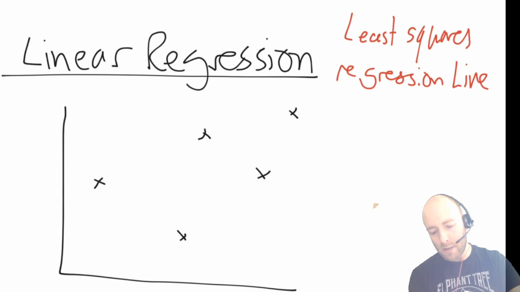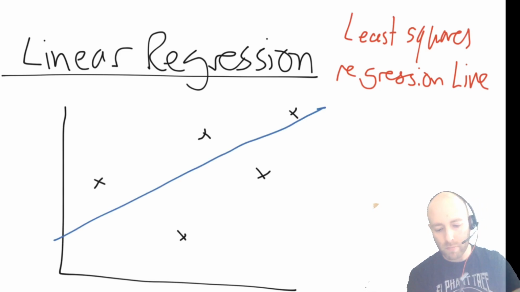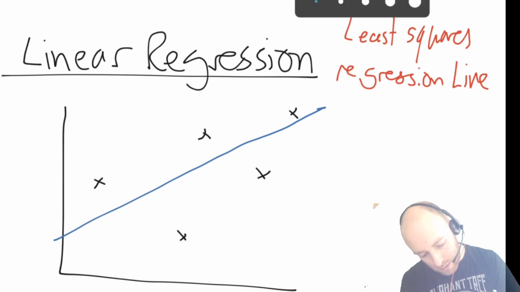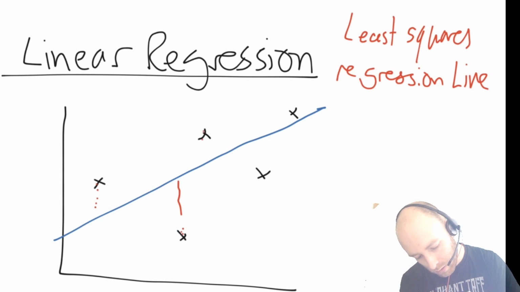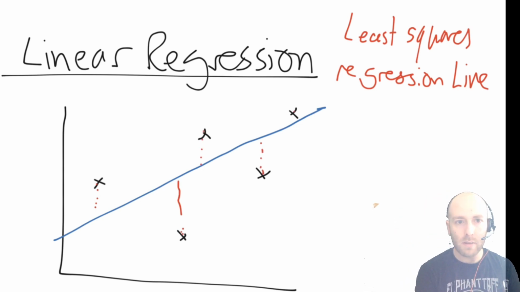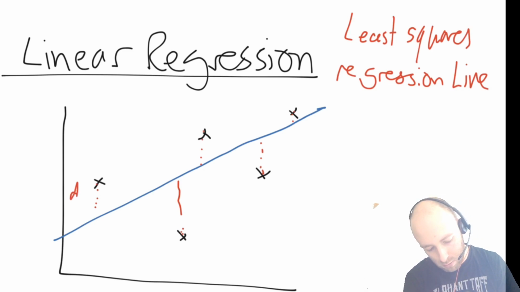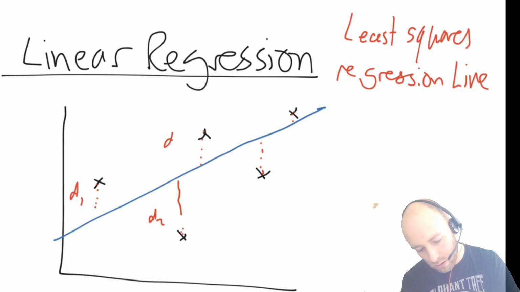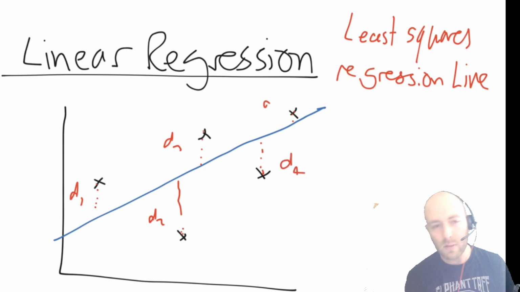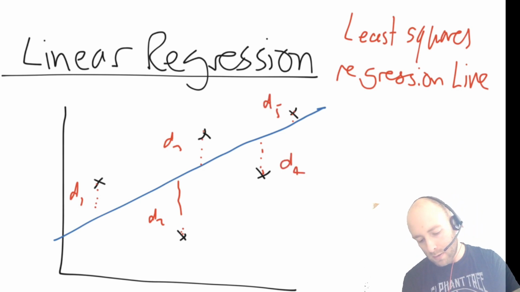So if I draw a random line, this wouldn't be the line of best fit, but if I just draw this one, if we worked out the distance from each data point to the line, like this, and added all those distances together, so we got D1, D2, D3, D4, D5, if I add all those up, we get the sum of di.